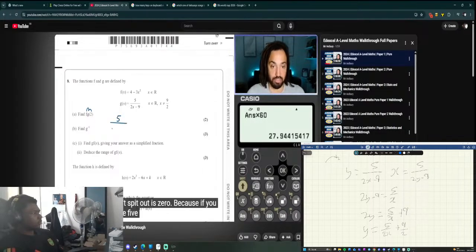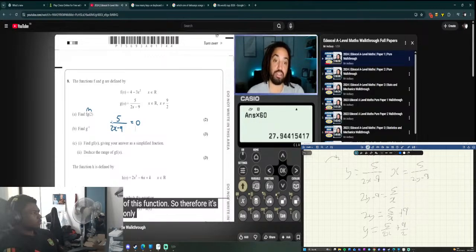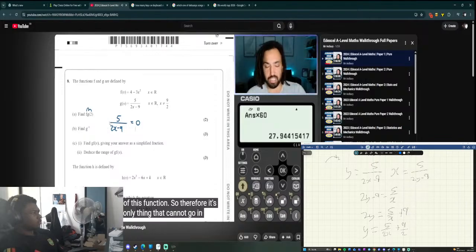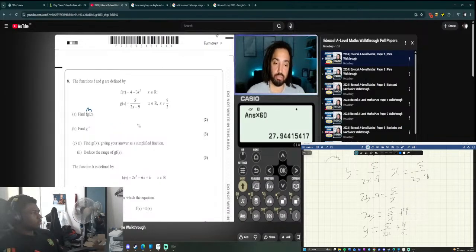Because if you have 5 divided by a variable like this, and you wanted that to be 0, there's just no x value that can make it. You multiply up and it would be 5 equals 0. So 0 is the only thing which cannot come out of this function, so it's the only thing that cannot go into the inverse function. Brilliant.